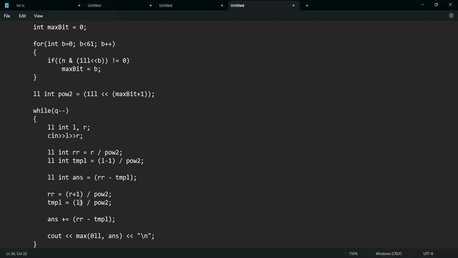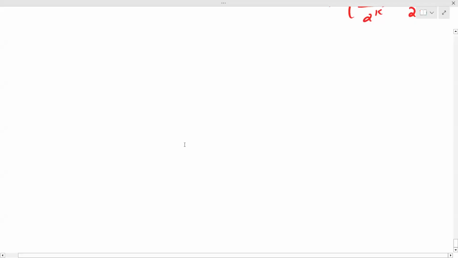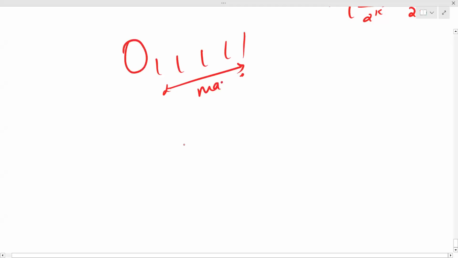Because if x is in the R plus 1 to L plus 1 range, then x plus 1 is in... See, if my last k bits are 1 and I add 1 to this, you'll find that this number is always going to be divisible by 2 to the power k, where k is the most significant bit.